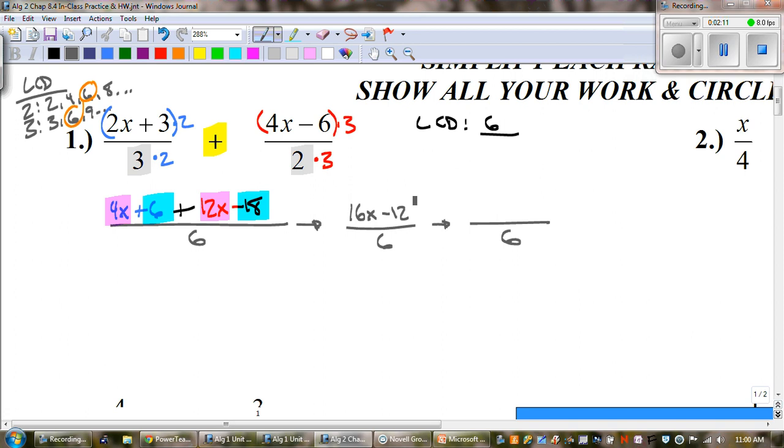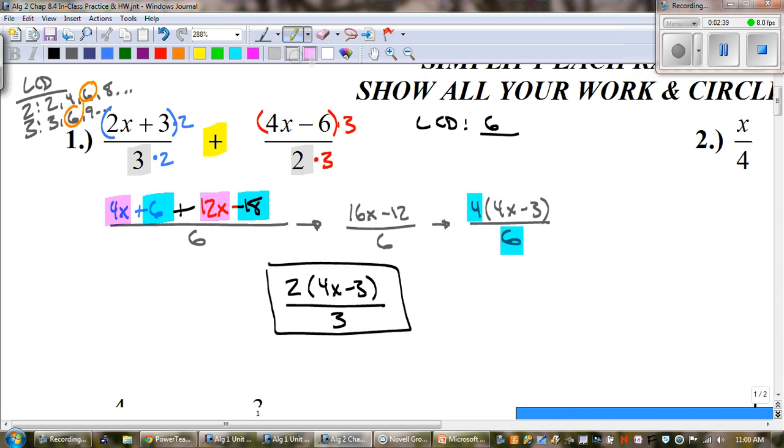The bottom's still a 6, but I think I can factor out a 4. And then we're left with 3, nope, not 3. 4x minus 3. And then the last thing that we would do would be reduce. And when we reduce that fraction, that ends up being 2 over 3. So we have 2, 4x minus 3, all divided by 3. And there we go.